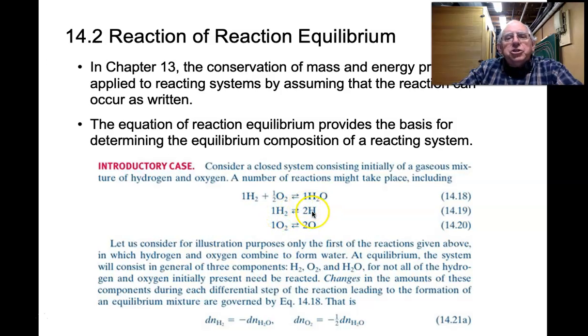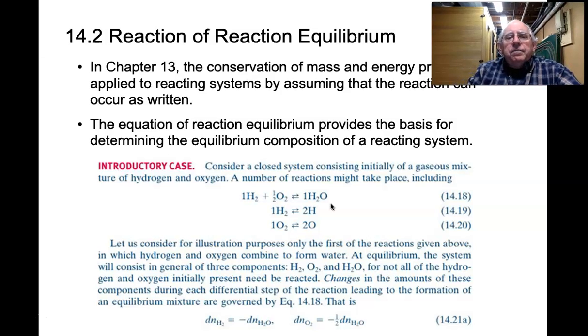And when it dissociates, it becomes 2 atoms of hydrogen. Likewise, oxygen at elevated temperatures can also dissociate and actually show up as 2 atoms of oxygen. And so with this particular reaction, we are not limited only to water as being the products.